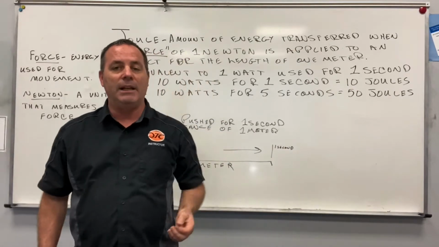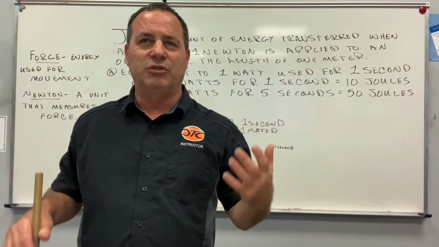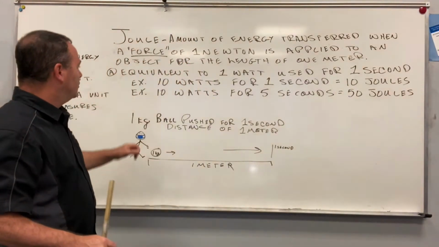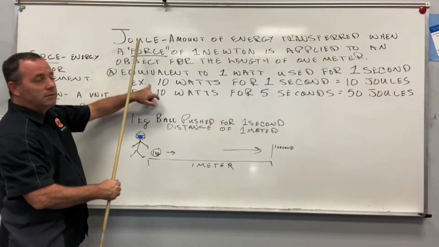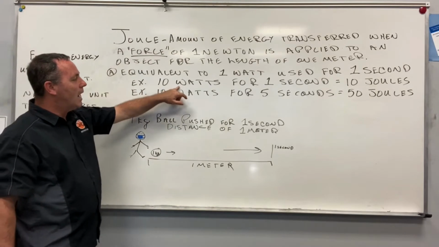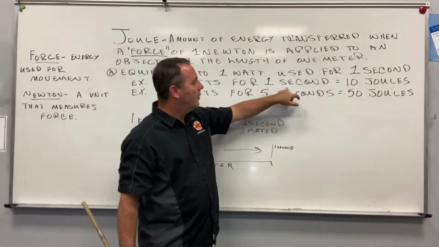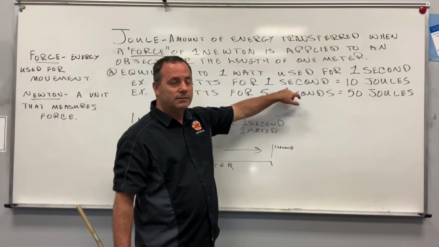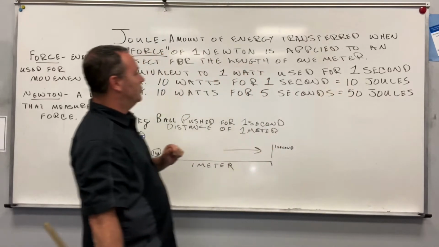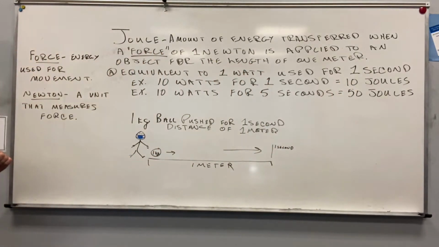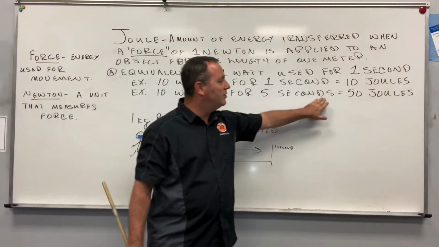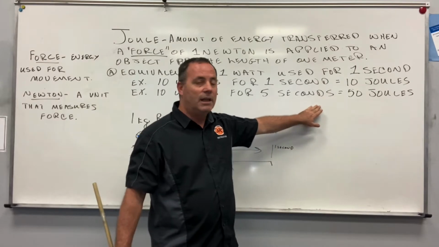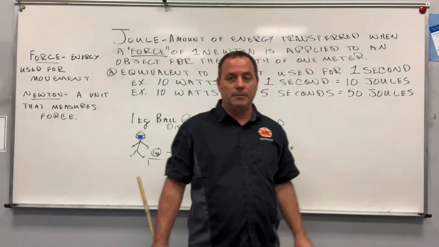Now, what does that mean? How do joules and watts work together? Well, look at this. Here's an example. 10 watts for 1 second equals 10 joules. 10 watts used for 5 seconds equals 50 joules.